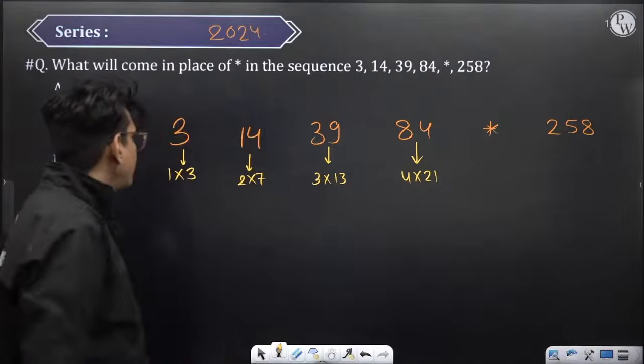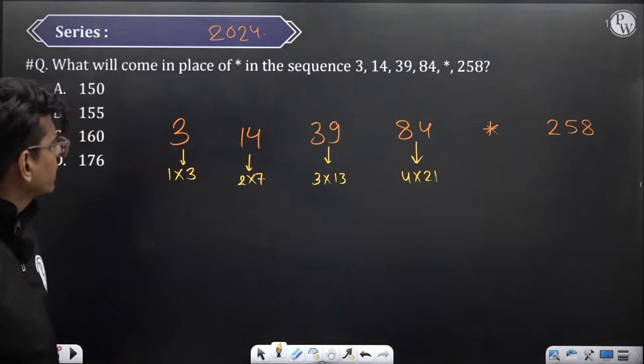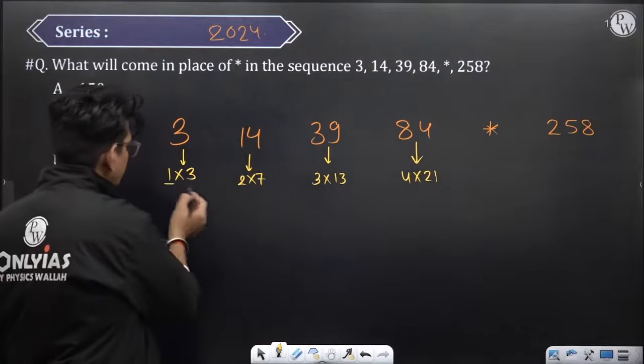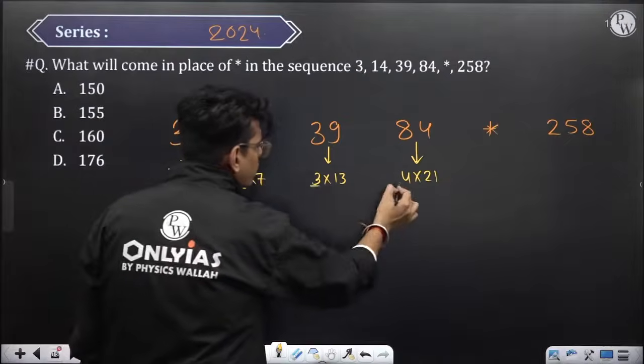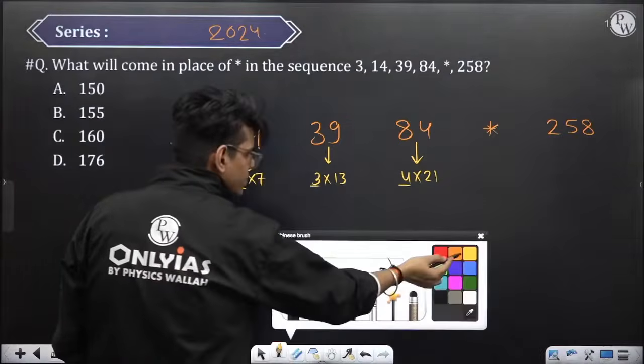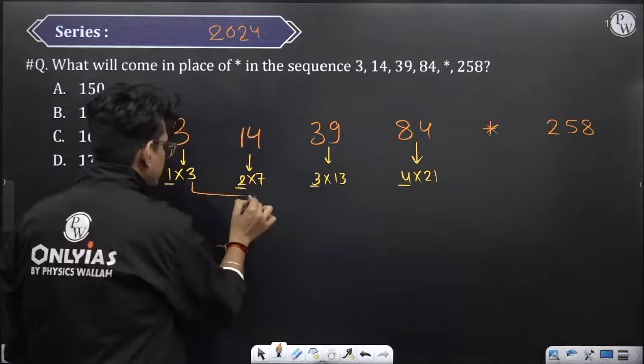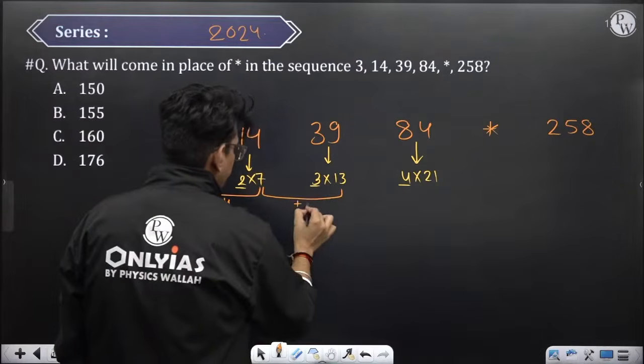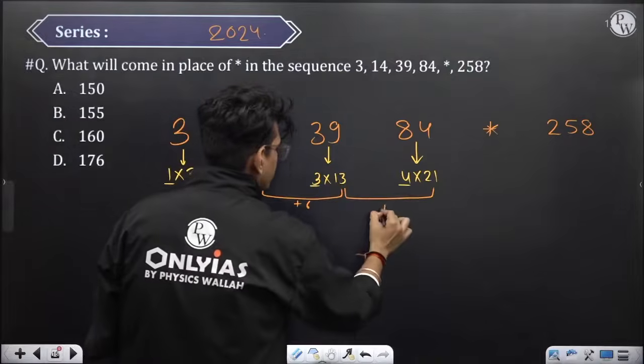Can we see some pattern? The first factor is increasing 1, 2, 3, 4. Also, the difference between the second factors is plus 4, plus 6, plus 8.